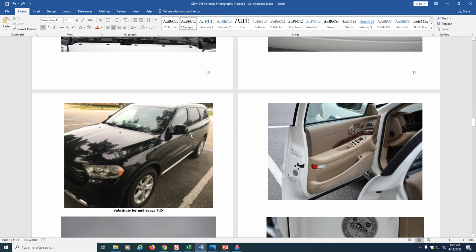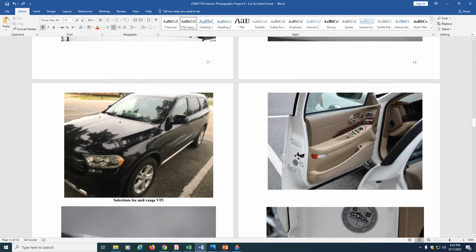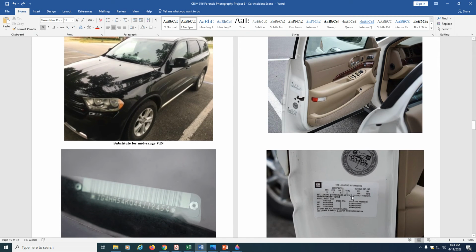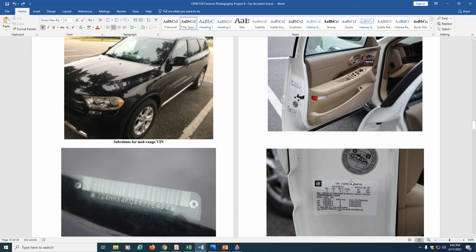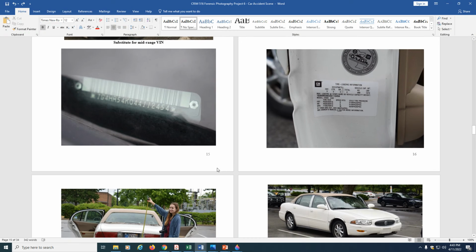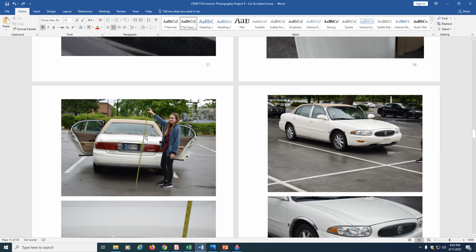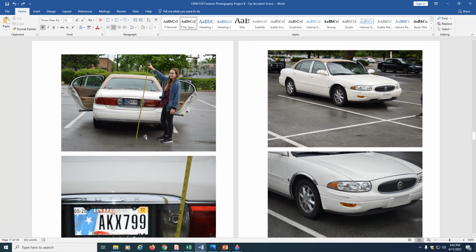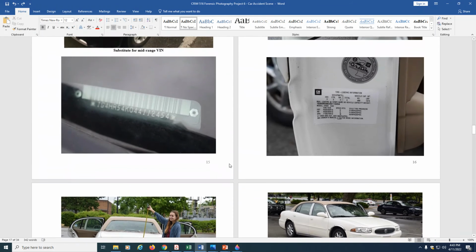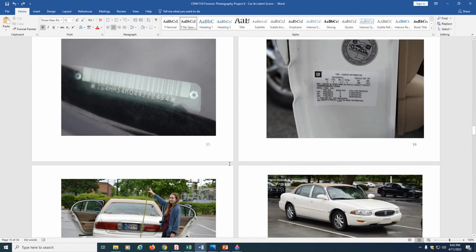Get your VIN information here on the windshield, and then ideally get your second VIN and vehicle information from the driver's door. Okay. Then do your measuring device, indicating kind of scale, if you're using a measuring tape or whatever it is you happen to have at the time, along with once again your driver's license or your license plate.